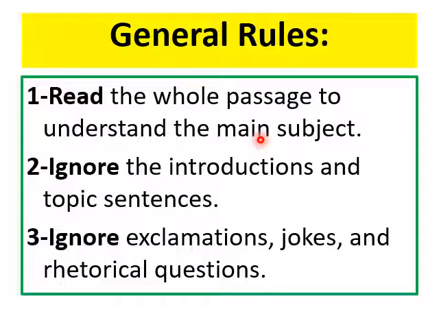Number 1, read the whole passage to understand the main subject. It's not correct to make a summary sentence by sentence or paragraph by paragraph. If you want to make a summary, you have to read the whole passage.